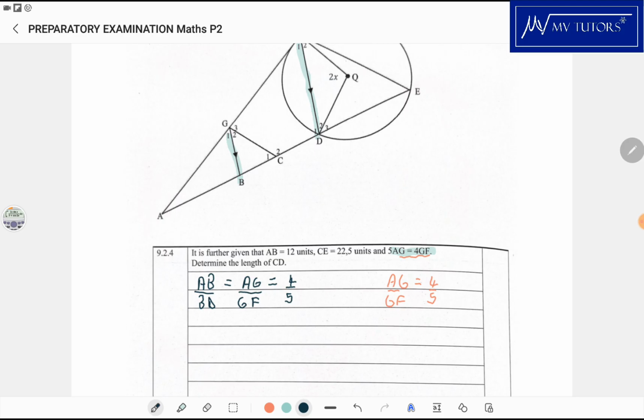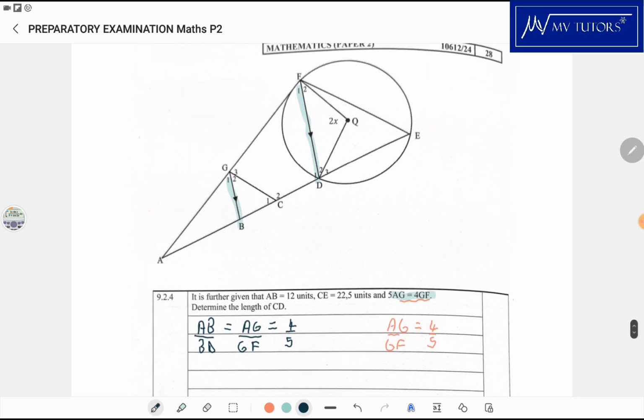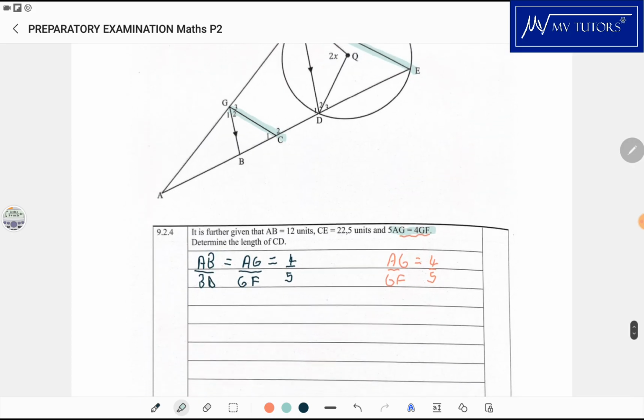Now that's using these two lines. Now I want to do the same, but let's go look at the other lines. The other parallel ones were GC parallel to FE. Remember those? And what did that give us?